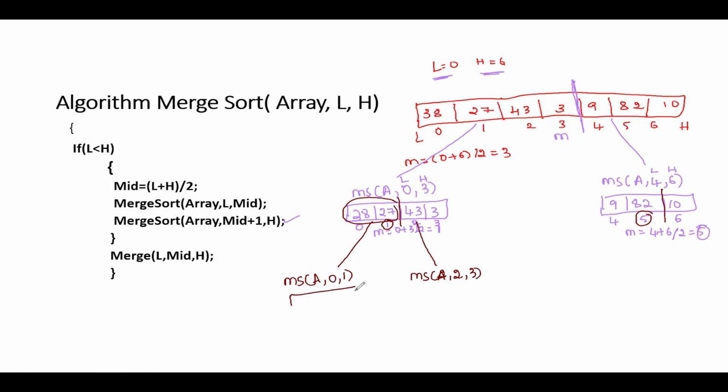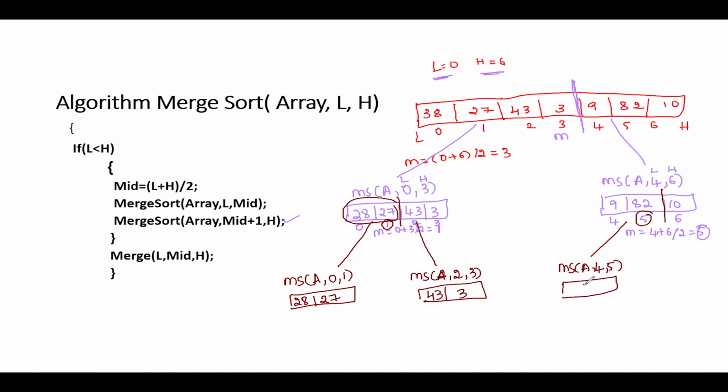The arrays are going to be 38, 27, 43 and 3. I hope it is clear. Similarly, this is going to be merge sort of array, comma, the lower value is 4 and the mid value is 5.